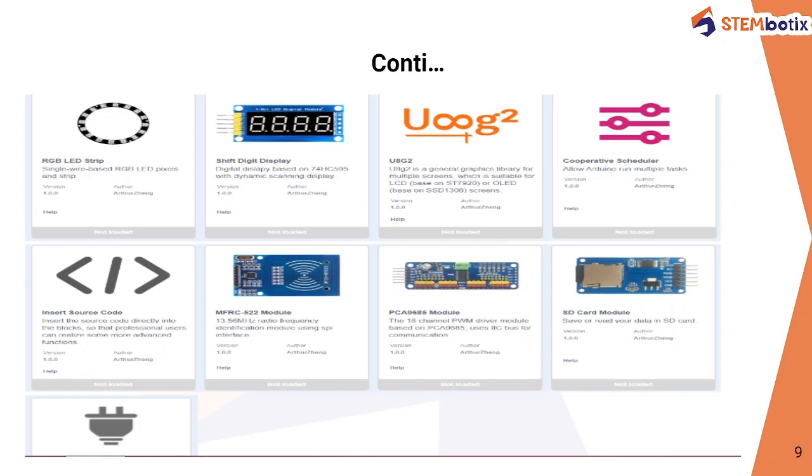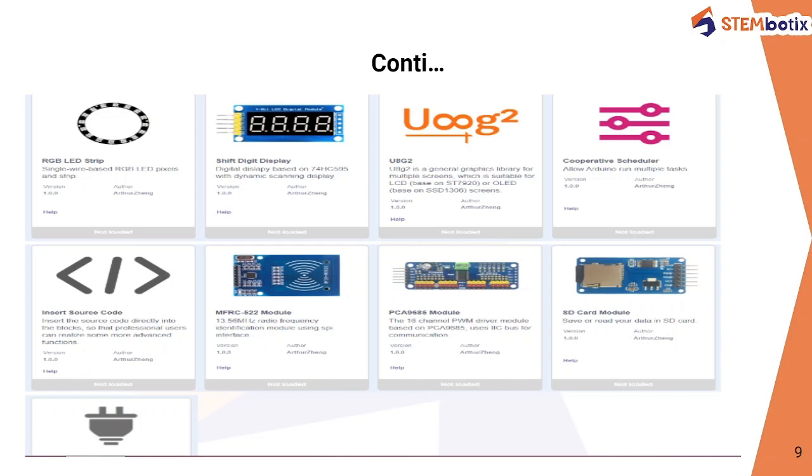Next, you can see U8G2, which is a general graphic library for multiple screens where we need a graphic portion in our programming. So the next one is U8G2. It's basically a general graphic library for multiple screens, which is suitable for an LCD, where we need to add some graphic portion in our LCD.